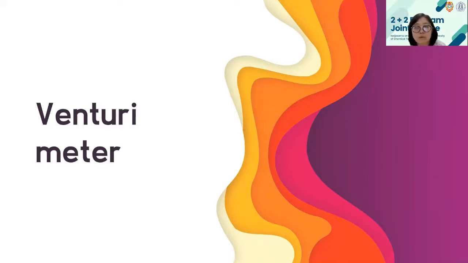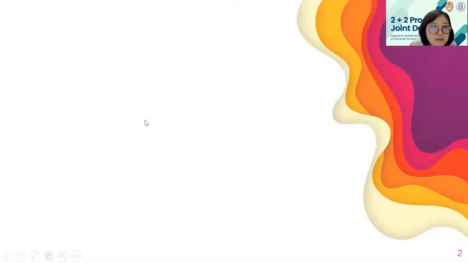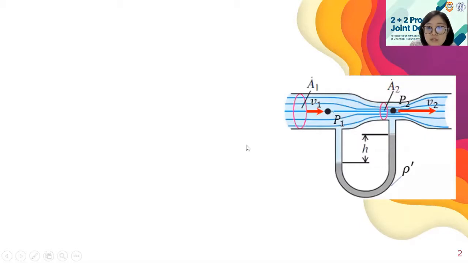So now we go to the second topic, which is about the Venturi meter. Actually the Venturi meter and the orifice meter, which I will also describe right after this, are quite similar to each other. However, the shape of the devices is a little bit different, but the concept is quite similar. For the Venturi meter, the shape is like this.